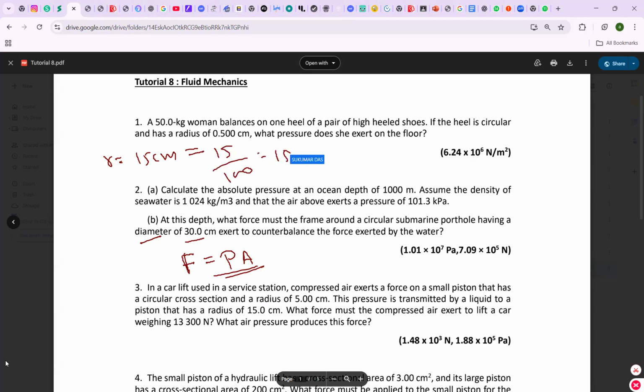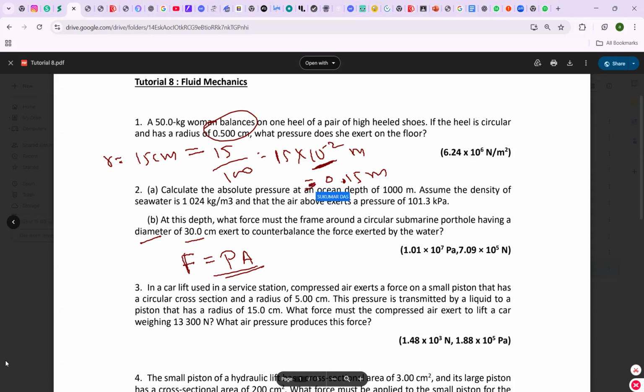That is 15 times 10 to the power minus 2 meter. Same as what we did here. Yeah, 0.15. 0.15 you can also write. Usually I play with this 10 to the power figure. That makes the calculation easier.